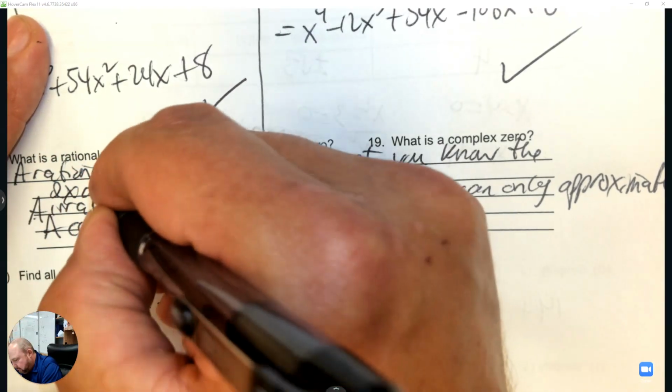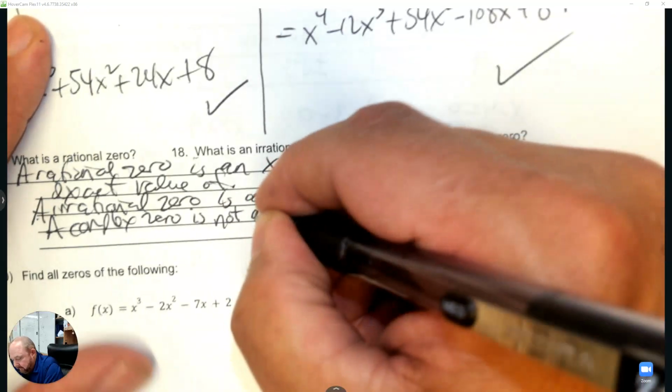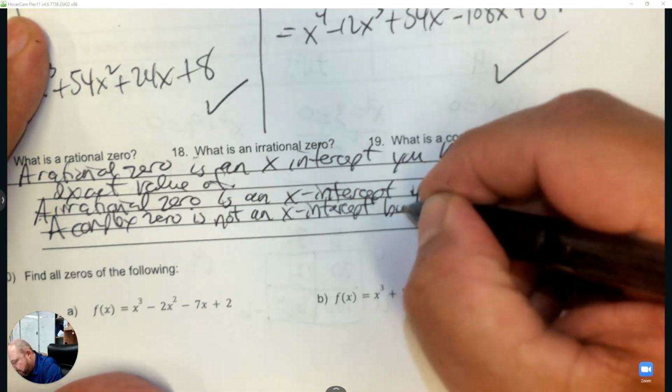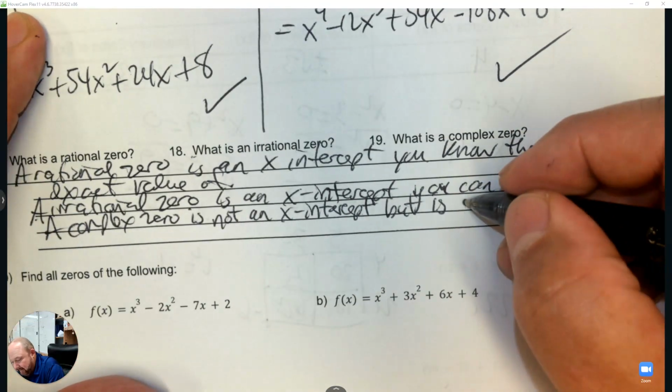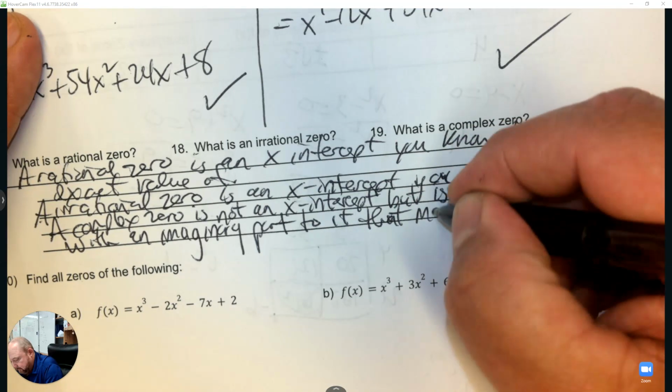And a complex zero is not an x-intercept, but is a number with an imaginary part to it that makes the equation zero.